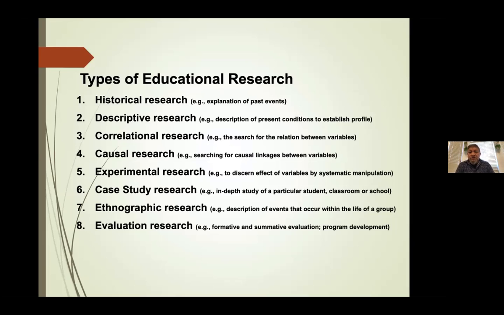Obviously, evaluation research focuses on aspects that have to do with program development and evaluation. So sometimes, you are hired by a district to be the person who does the research, or to be the person who's going to lead a team of people, to be the executive director of programs for the district, in which case you probably want to have some knowledge and understanding about evaluation research, because you want to know exactly what it takes to develop the program and what it will take for the program to be evaluated and what will be a good example of an evaluation of the program, right?